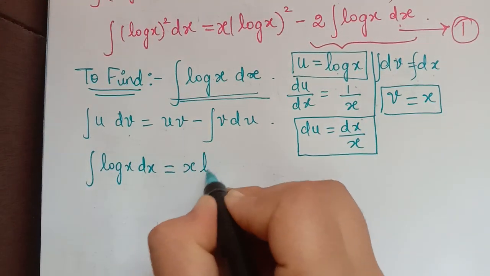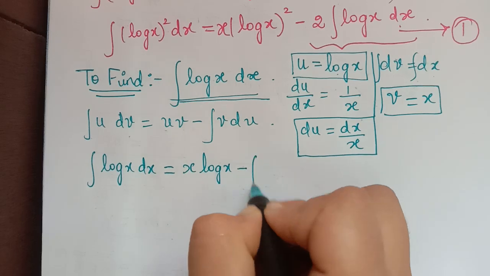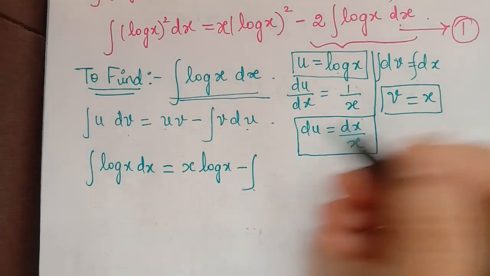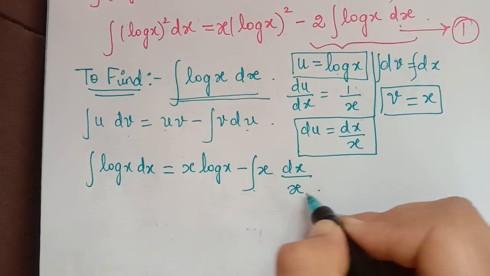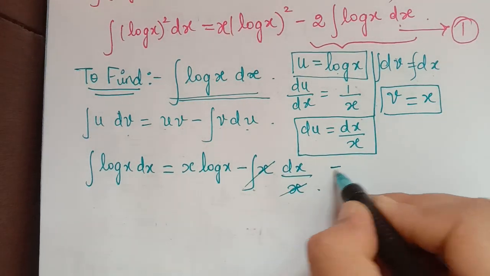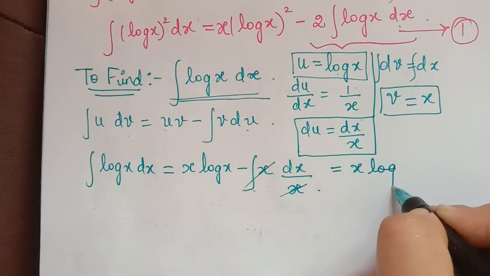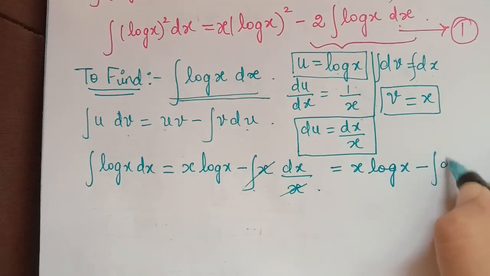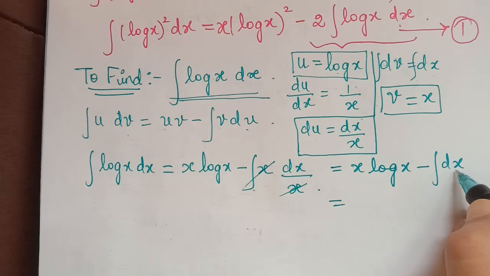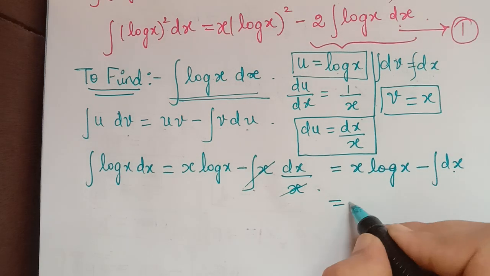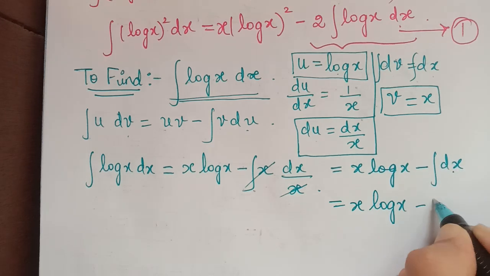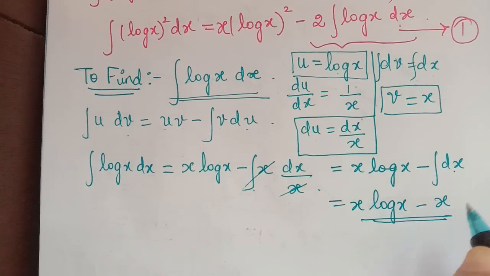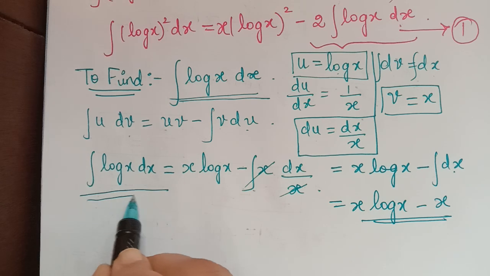So x log x minus integral v du. v is x. du is dx by x. Now these two get cancelled and this will be equal to x log x minus integral dx. But what is integral dx? Integral dx is x. So x log x minus x. So this is what we obtain for integral log x dx.